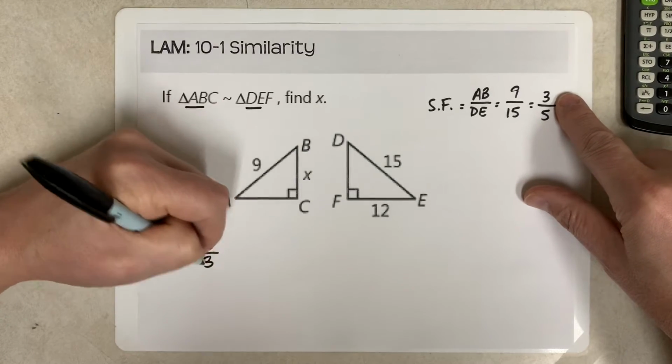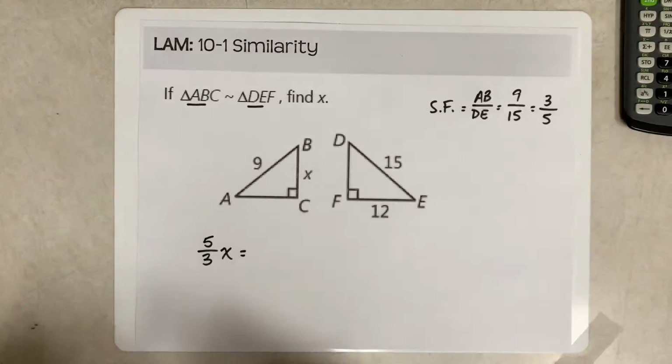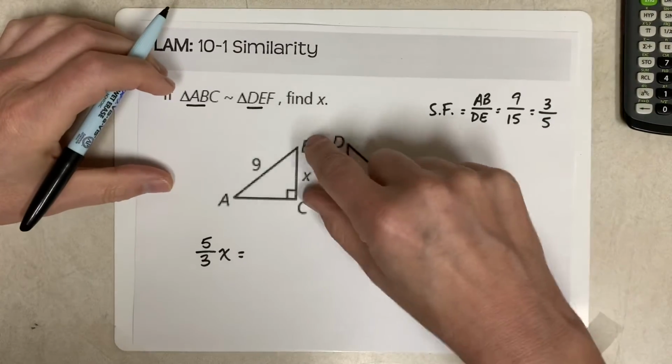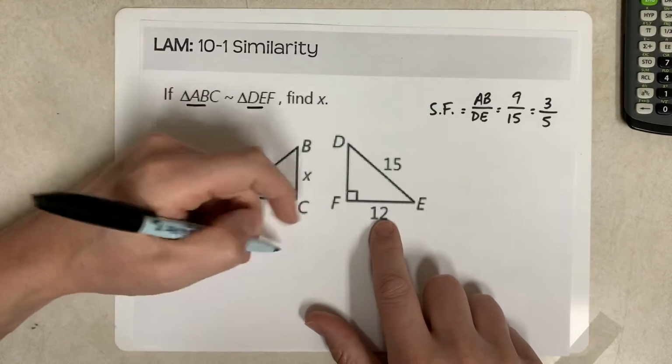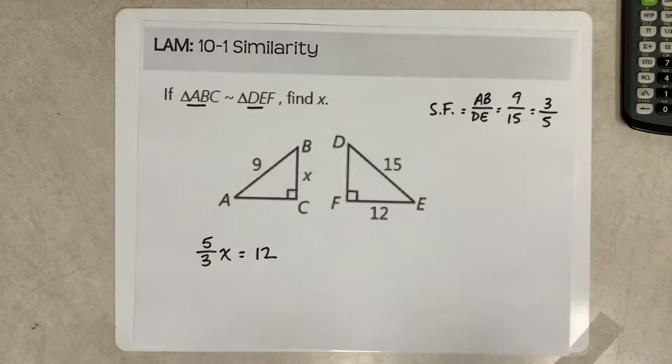So 5/3 x equals, now what matches up to BC over here? That's going to be EF. And EF is 12. So now we see why we have to solve all these equations with fractions early on in our courses, because they come up a lot in geometry.